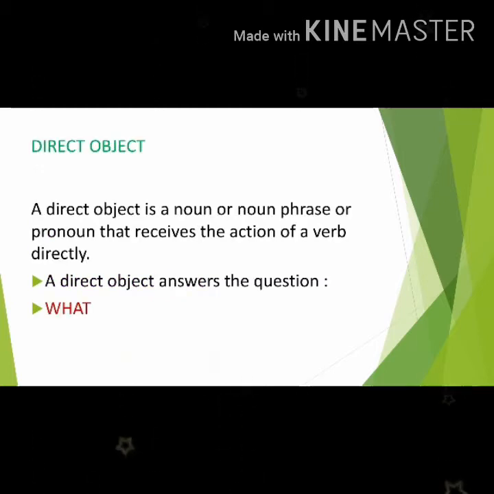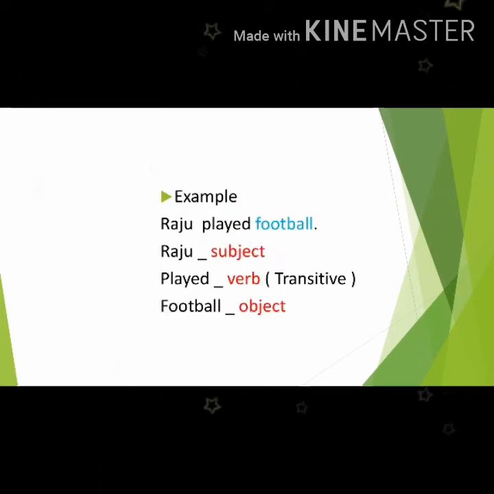Direct object. A direct object is a noun or noun phrase or pronoun that receives the action of a verb directly. A direct object answers the question what. For example, Raju played football.